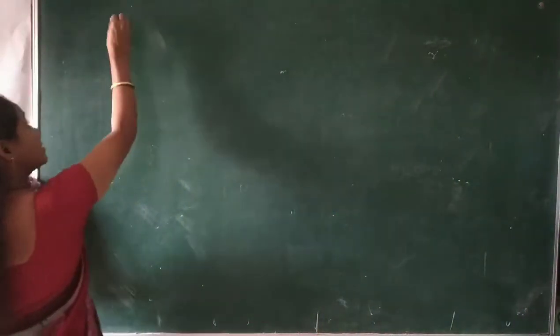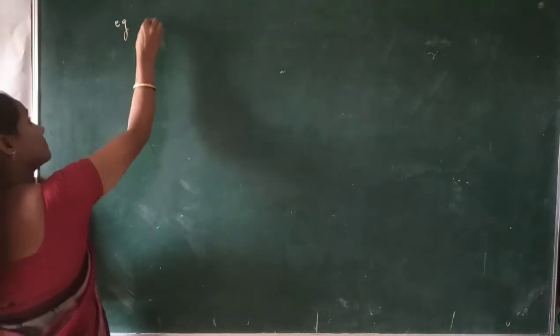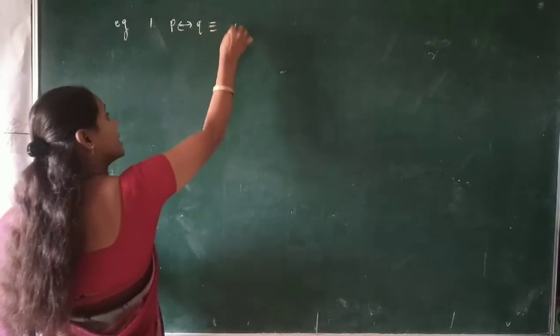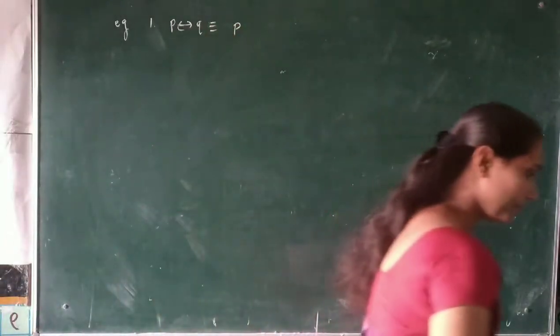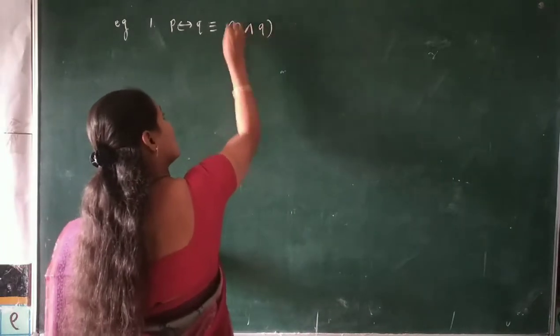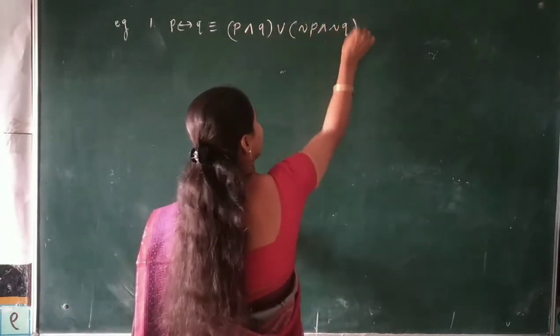In exam, this question is very important: P double implies Q is equivalent to (P and Q) or (negation P and negation Q).